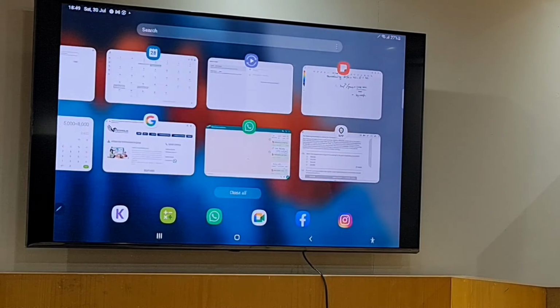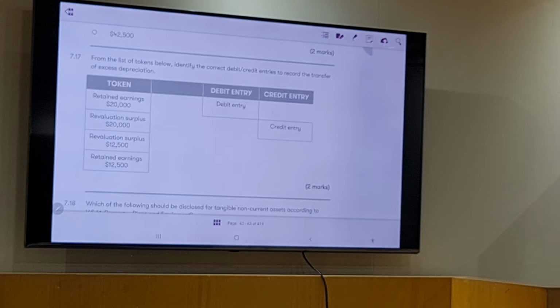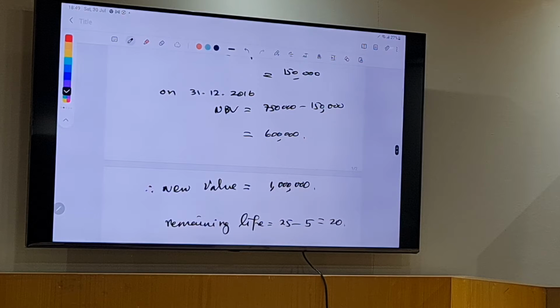Okay, that's the first question. Second question. From the list of options below, identify the correct debit and credit entries to record the transfer of excess depreciation. What do you mean by excess depreciation?